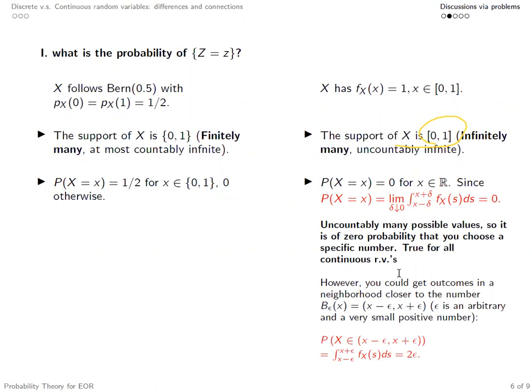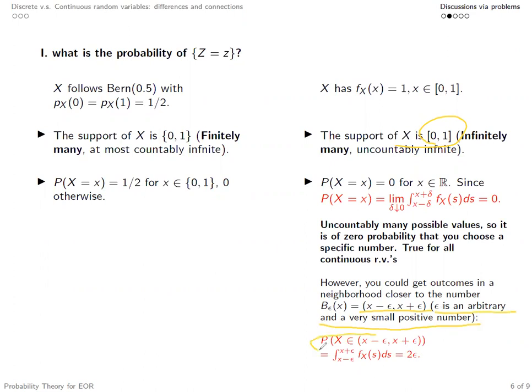Given there are uncountably many possible values, it is of 0 probability that you can choose a specific number. However, you can get outcomes in a neighborhood close to the number x. For example, consider the open interval x minus epsilon, x plus epsilon, where epsilon is an arbitrary and very small positive number.